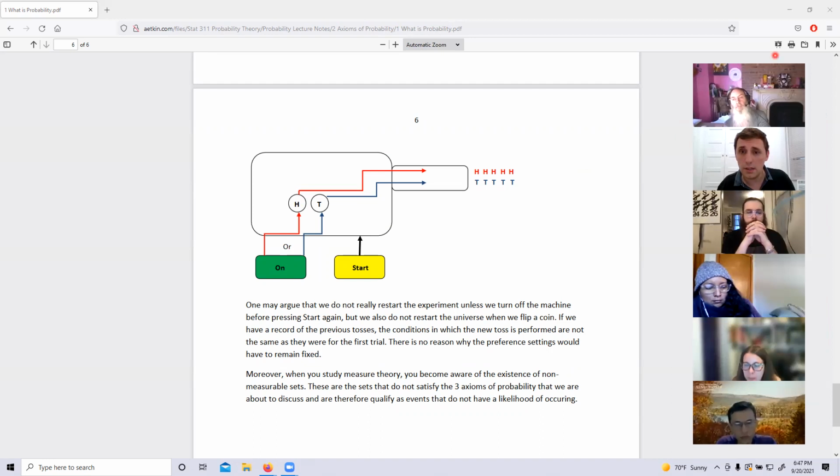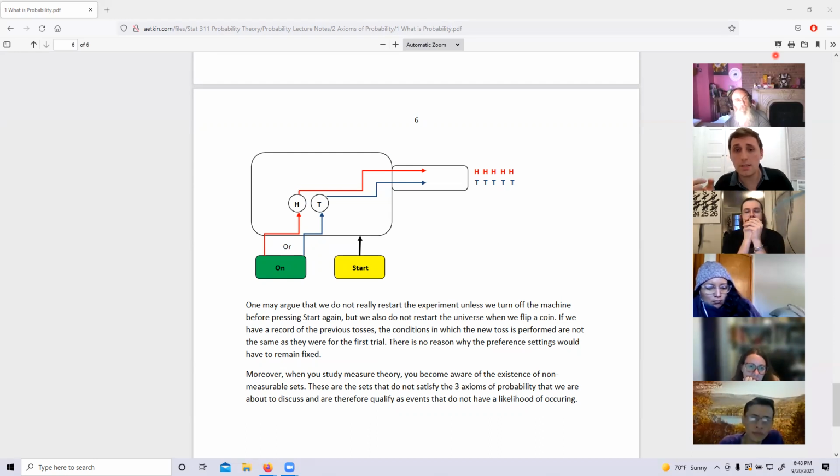When it's in state H, it's always producing heads, and if it's in state tail, it's always producing tails. Do you see? The probability that it will be in state H is 1/2, but the probability that the outcome of the coin is heads does not exist.